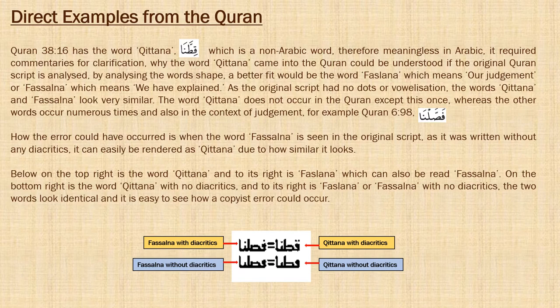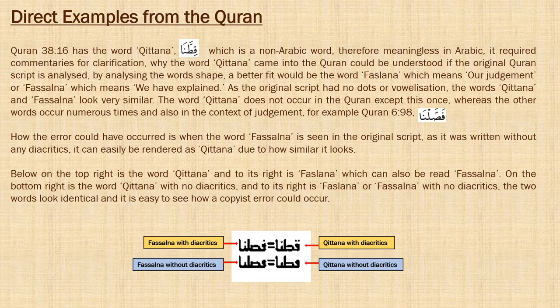So by analysing the word's shape, a better fit would be the word faslana, which means our judgment, or fassalna, which means we have explained. As the original Quranic script had no dots or vowelization, the words qittana and fassalna look very similar.